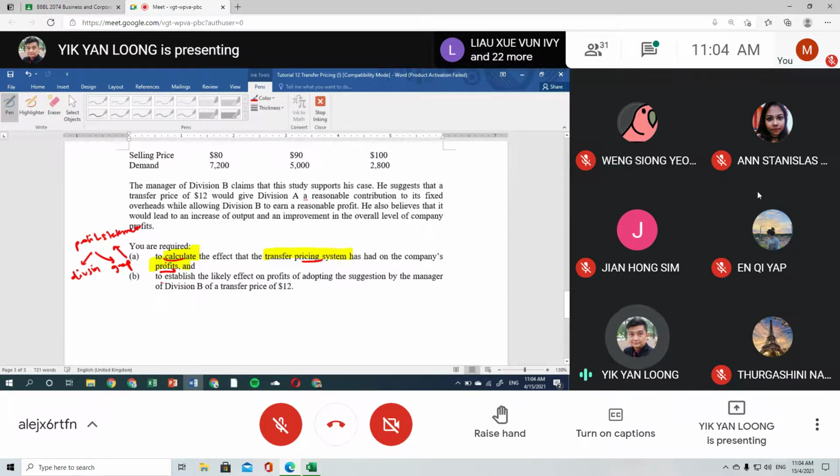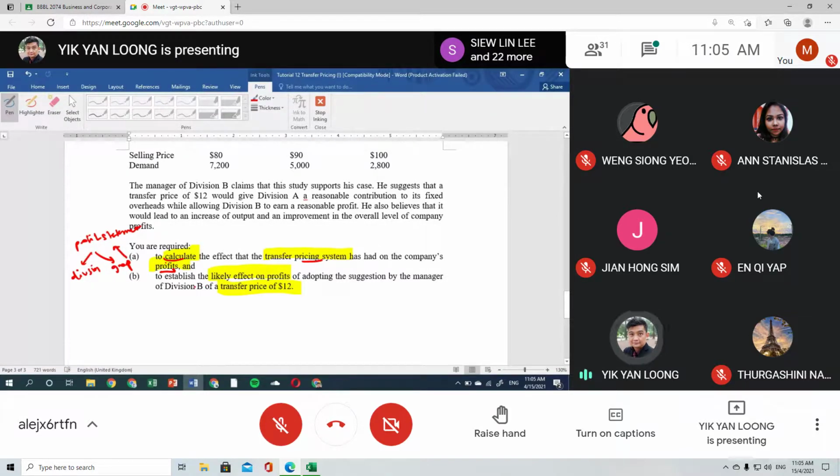Now, part B is for you to establish the likely effect on profit. Again, you have to prepare the profit statement, by adopting the suggestion of the manager of division B of the transfer price of 12. So in part B, if you change the transfer price to 12, how would this affect your profitability?